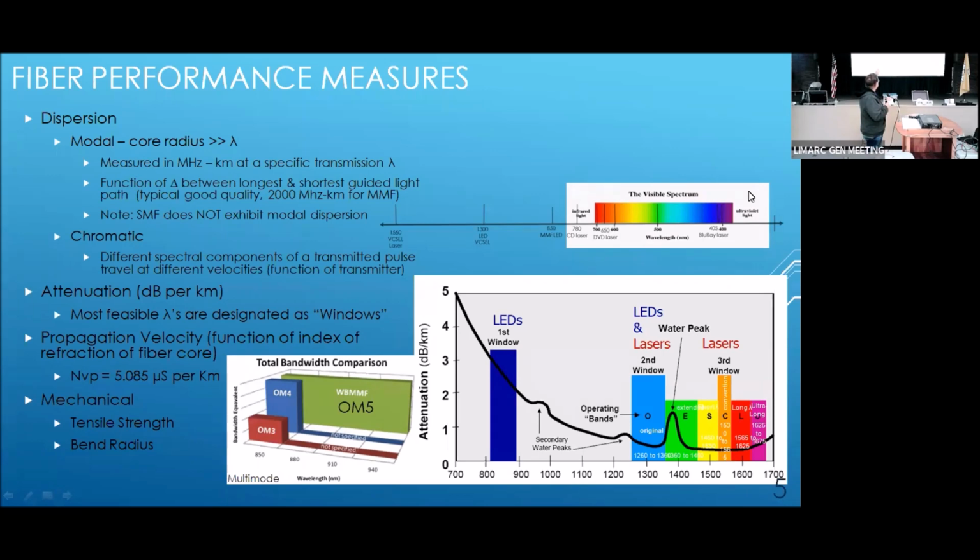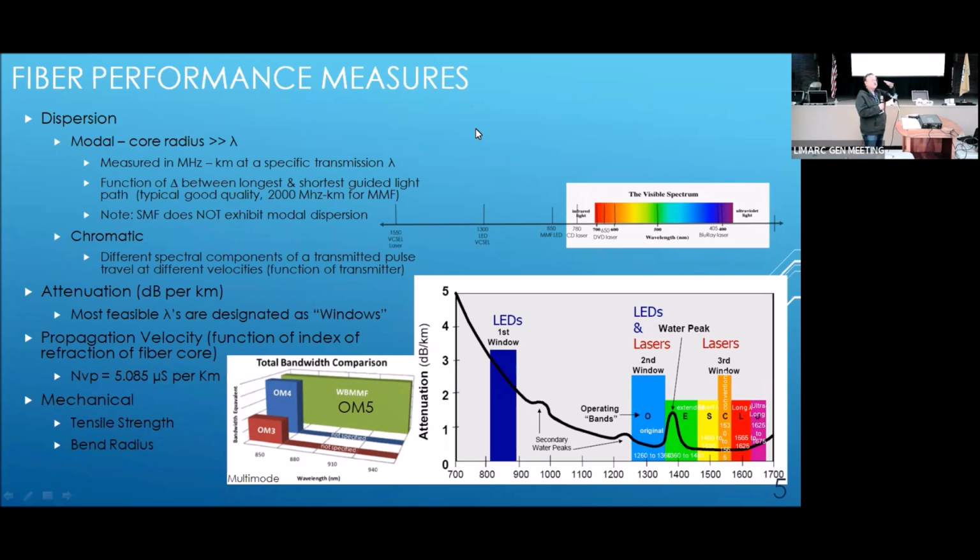Modal dispersion is a function of the longest and shortest guided light path through a fiber. A good quality fiber will have 2,000 megahertz kilometers for multimode fiber, meaning that if you go for 2 kilometers, you can get 1,000 megahertz out of it. If you go for half a kilometer, you can get 4,000 megahertz out of it. So you can estimate readily what data rate you can get through the fiber by knowing these numbers.